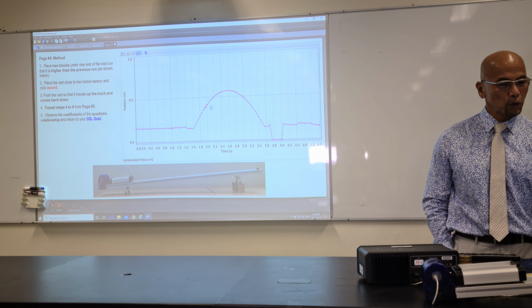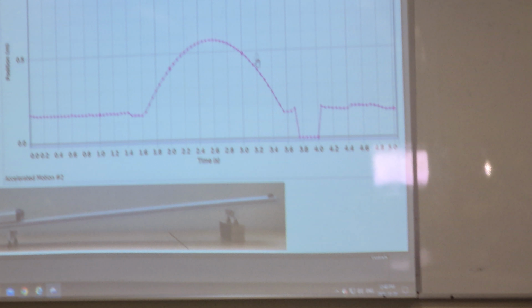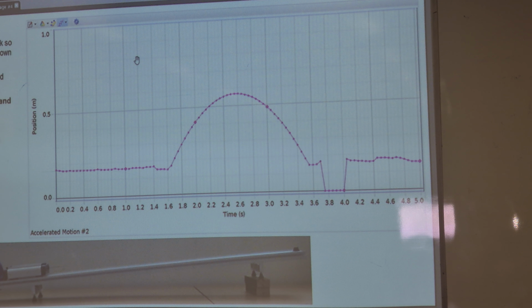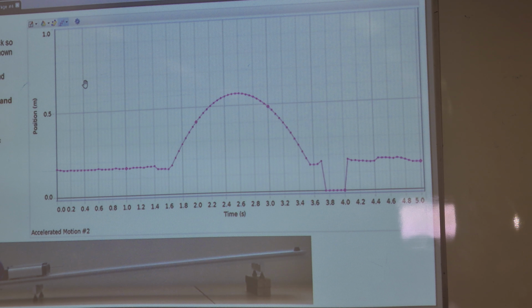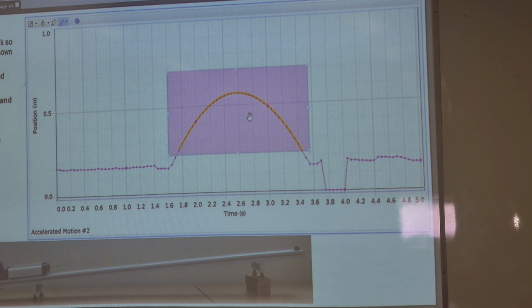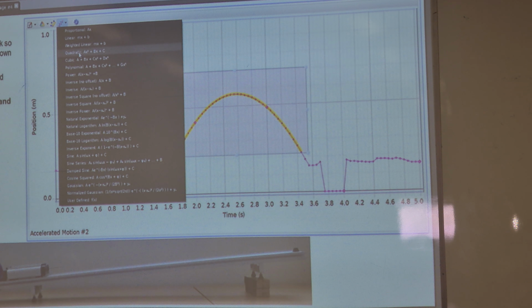All right, so this is what we want here to analyze. Again, it's the same as before, but the values of A, B, and C are of course different because of a higher incline. Okay, let's block a portion to analyze. And there you go, quadratic.